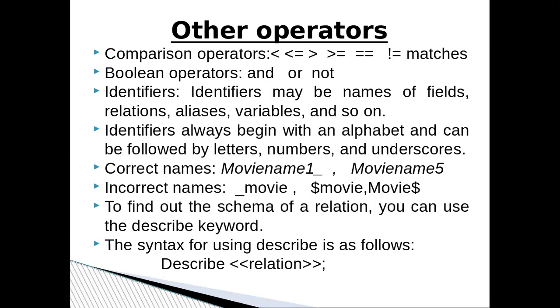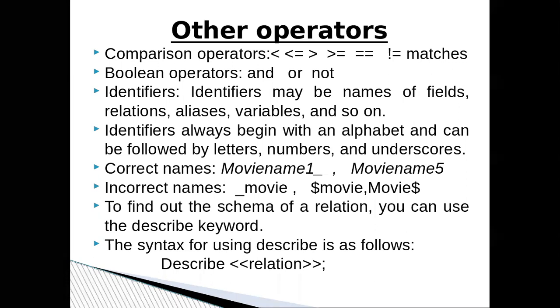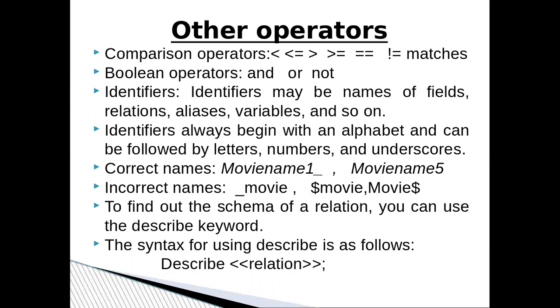identifiers, you see, they are the names of the fields, relations, aliases, variables, and so on. So if you need to name your relations, your functions, your variables, collectively you call it an identifier. Like in any other language, in Pig also an identifier begins with an alphabet and can be followed by letters, numbers, and underscores.